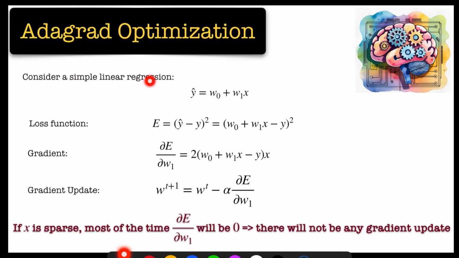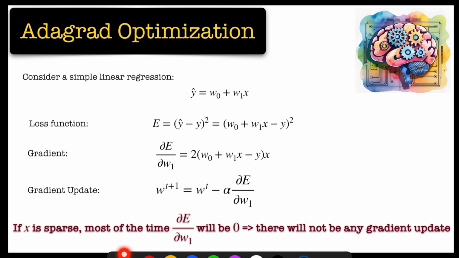Now consider a simple linear regression: y hat equals W0 plus W1x. For the loss function, using squared error, we get (y hat minus y) whole squared, where y hat is the predicted output and y is the actual output. So we get (W0 plus W1x minus y) whole squared.